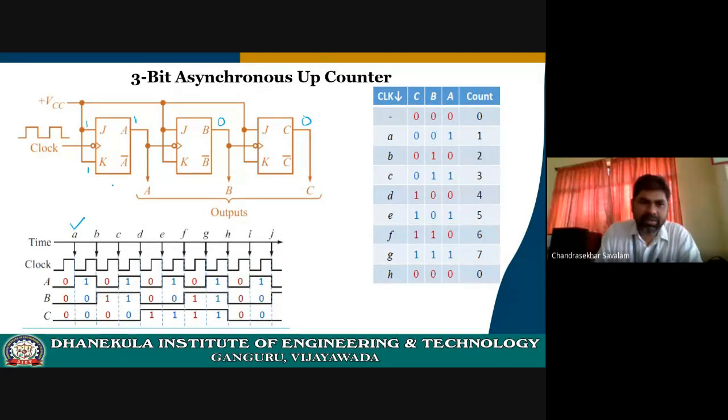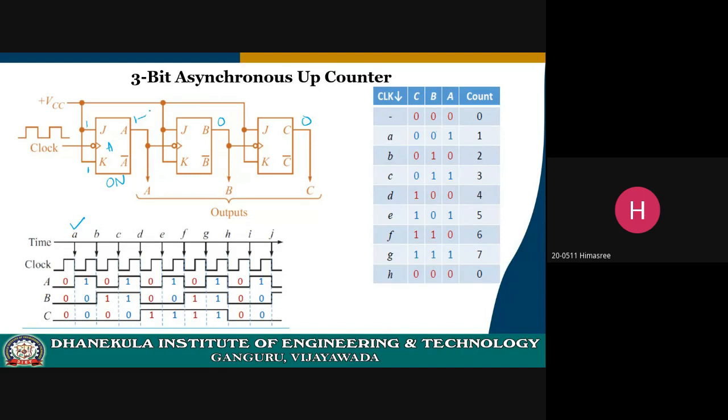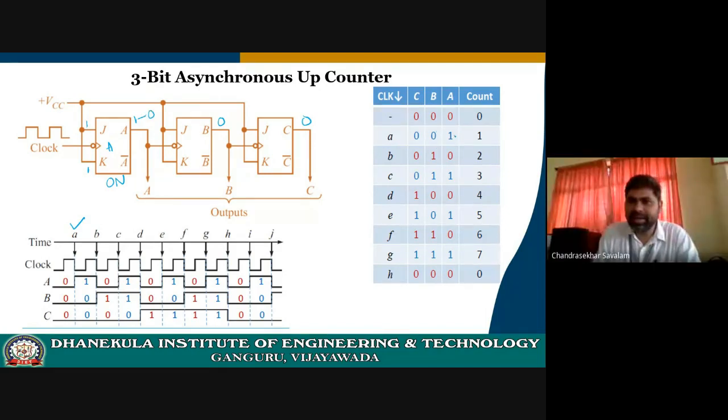Here, at the first clock, A should be on. The previous state is 1. What is the next state, students? 0. So this 1 is changed to 0.